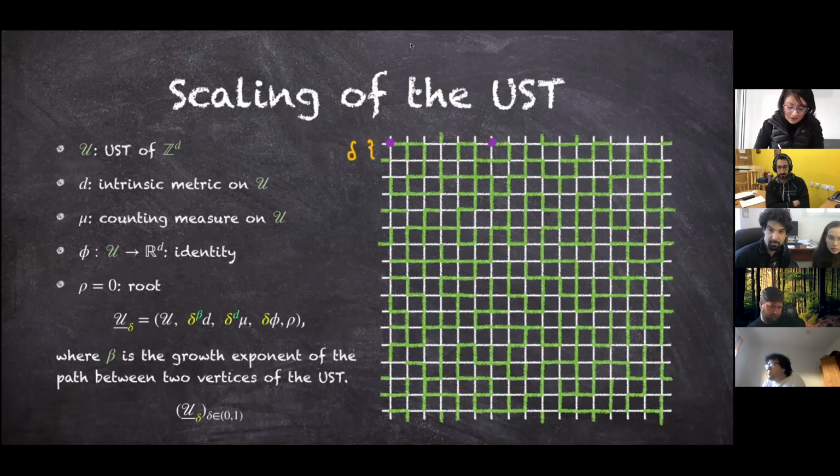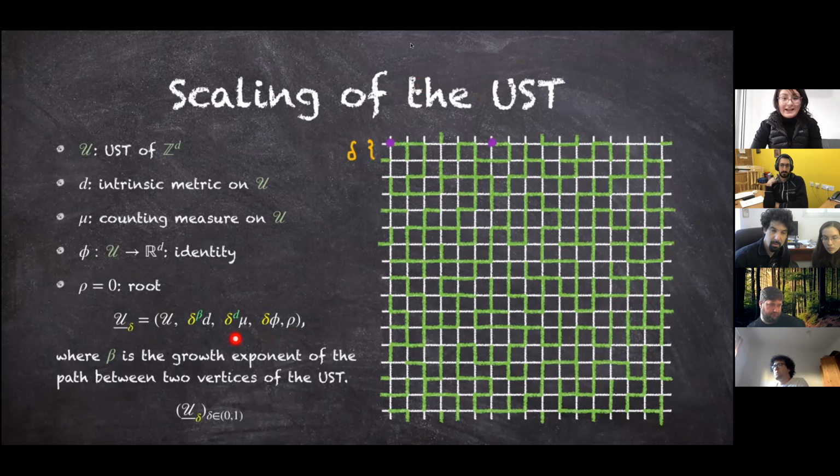But on the left, I have to rescale each one of the elements that define my uniform spanning tree in this space. So of course the root is 0, so this one is fixed as I am rescaling. This is my root and it's not moving. Whereas my embedding is rescaled by delta. This is essentially how I'm rescaling the picture that I am drawing.